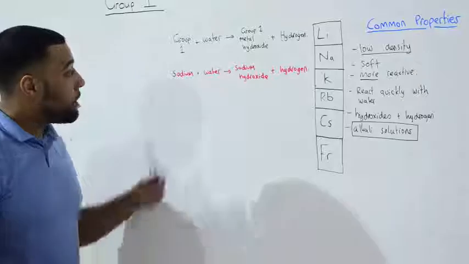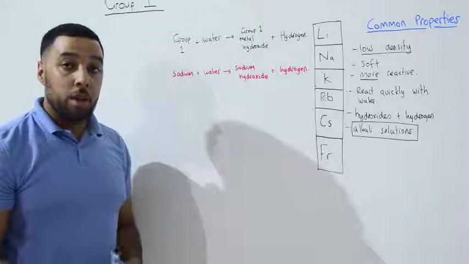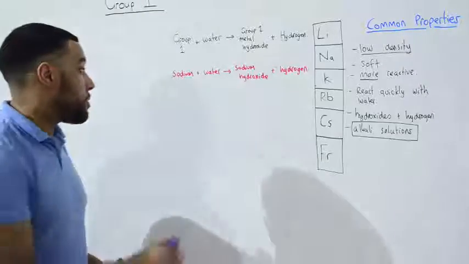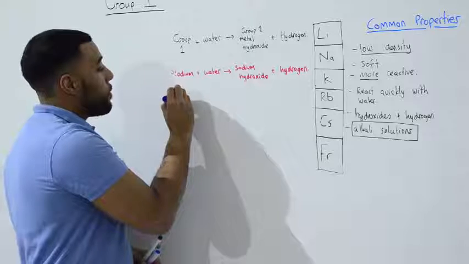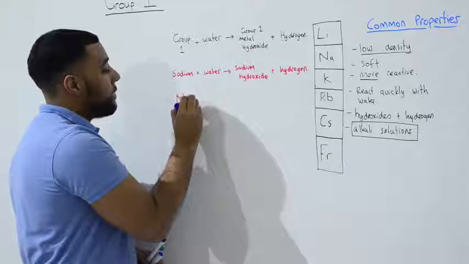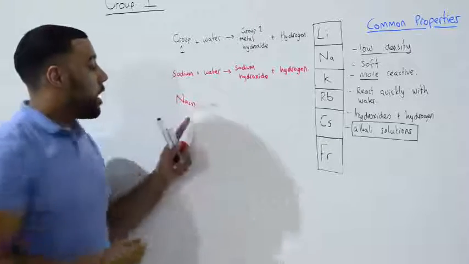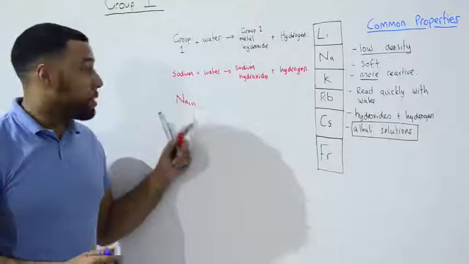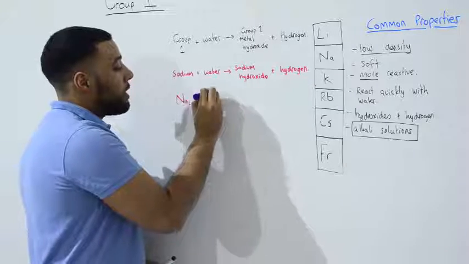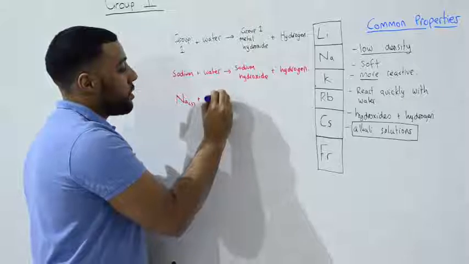But you could also be given the symbol equation and asked to balance. So the symbol for sodium is Na, and we've put a small s because sodium is a solid, and we're going to add it to water.